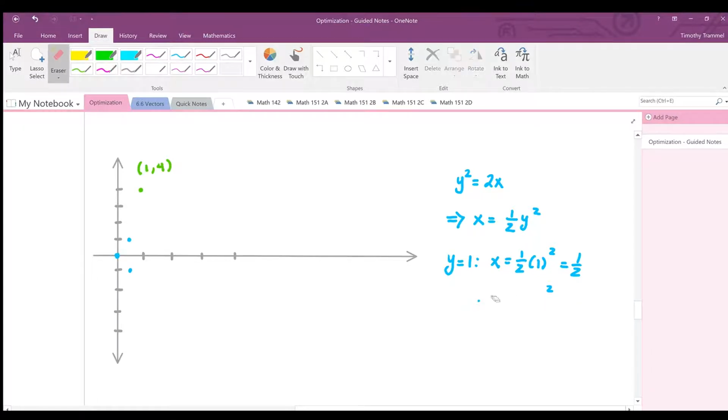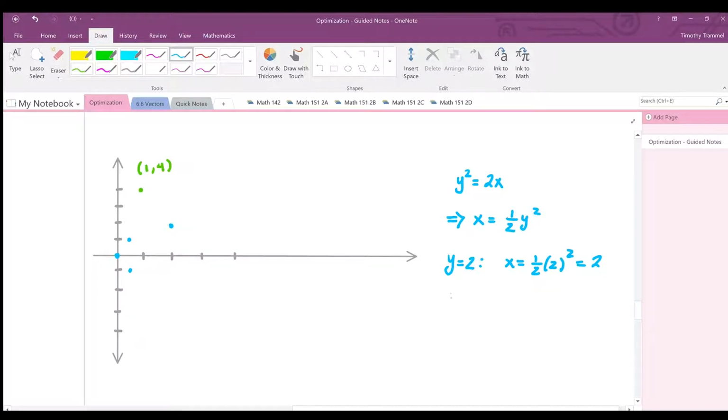Okay. Let's try another one. Let's try y equals 2. So we do that, we get x equals 1/2 times 2 squared, which is equal to 2. So we're going to go to x equals 2, y equals 2.